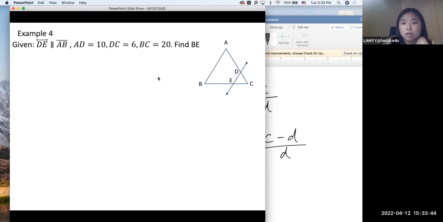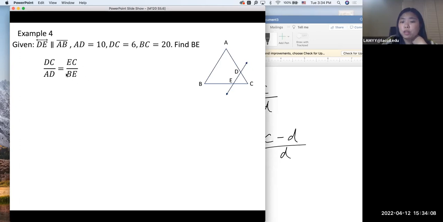So these two lines are parallel, so we know the side proportion. We could write down DC over AD equal to EC over BE, right? And then we're going to plug it in. We know AD, we know DC, but we don't know EC or BE.